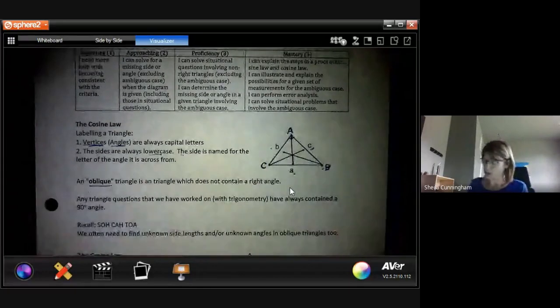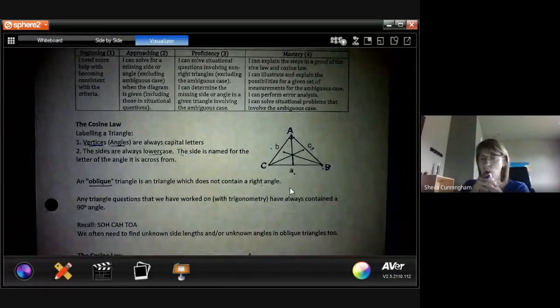Another thing, an oblique triangle is a triangle that does not contain a right angle. We're talking always about ones that aren't right triangles.